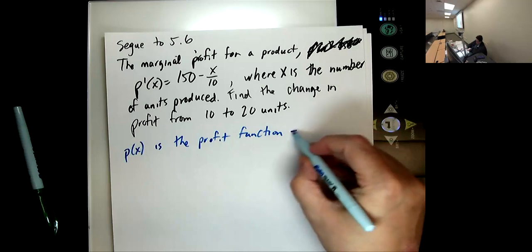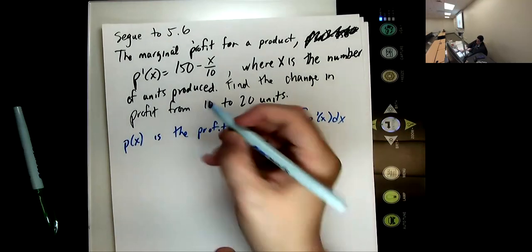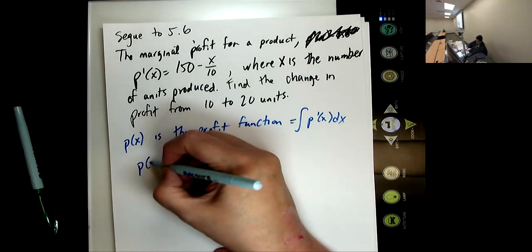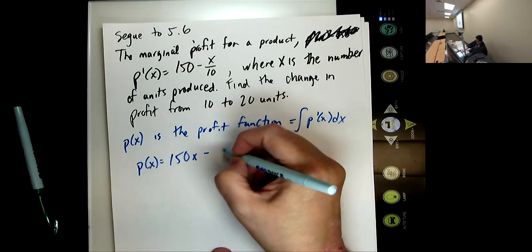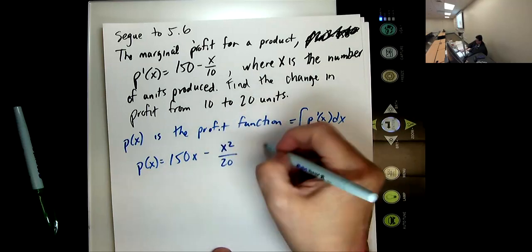So we need to integrate P prime of x dx. And if we do, we get P of x equals 150x minus x squared over 20 plus a constant.